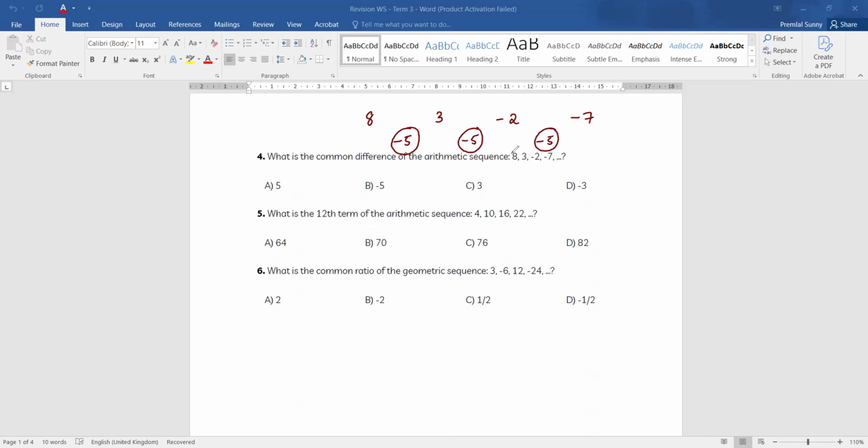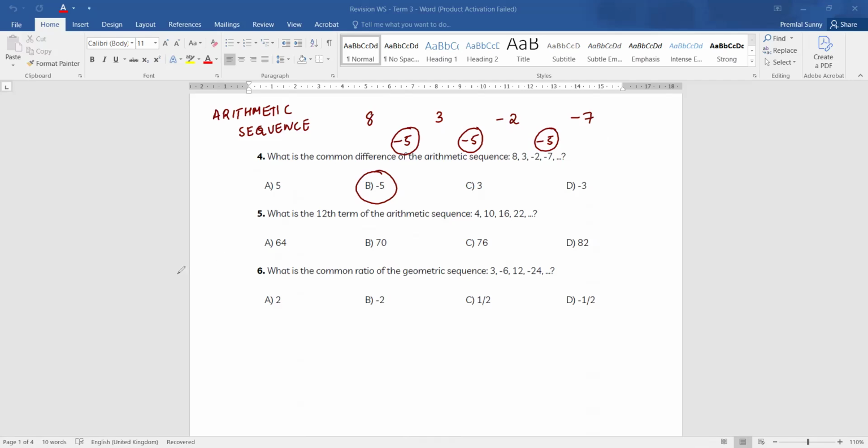The common difference is the number that we repeatedly add or subtract to get the next term in an arithmetic sequence. This is an arithmetic sequence. In this case, the common difference is minus 5.